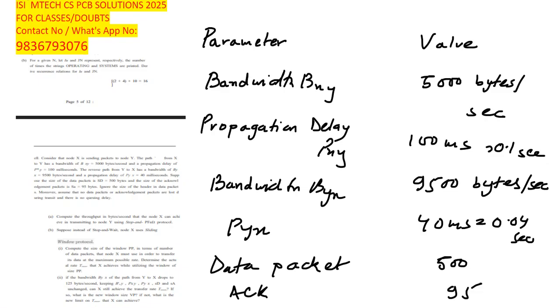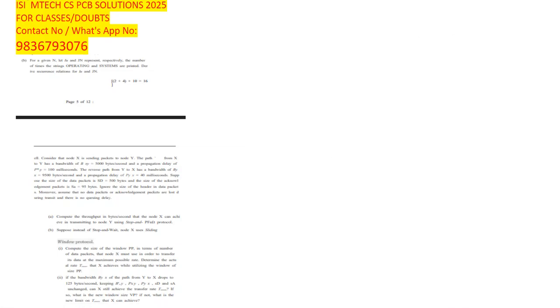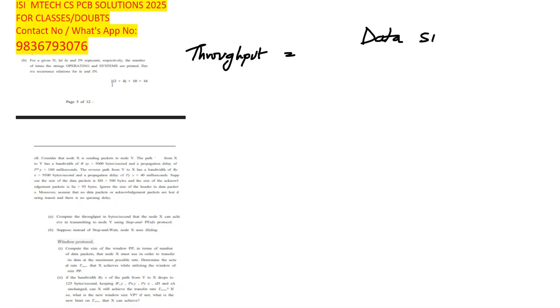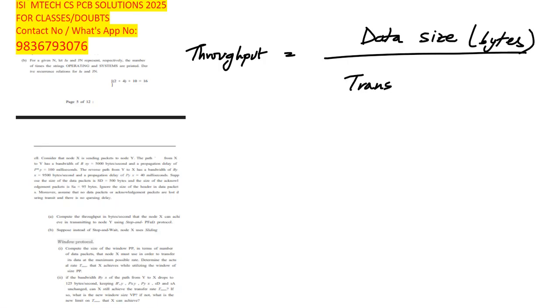So what is the throughput formula? First of all, we'll write that. So the throughput formula is data size in bytes divided by transmission time plus round trip plus ACK time.